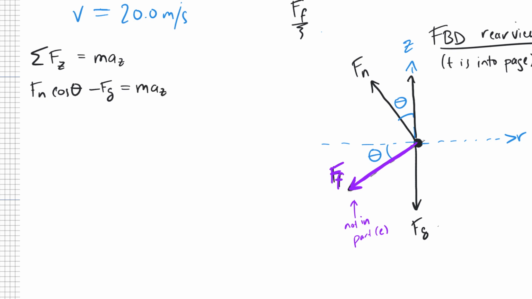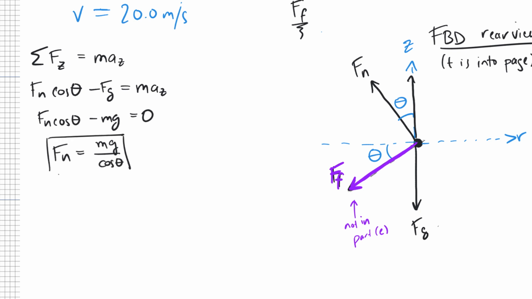So the normal force cosine theta minus mg equals, on the right-hand side, 0. We'll rearrange this, and we get the normal force is mg divided by the cosine of theta. Those are all knowns. If I wanted to, I could calculate a number right now, but I don't think that's necessarily a good idea.